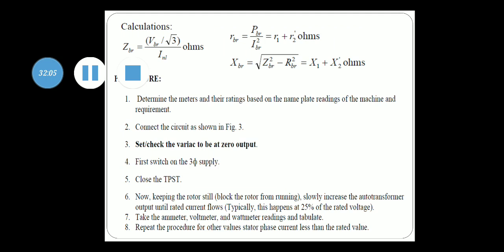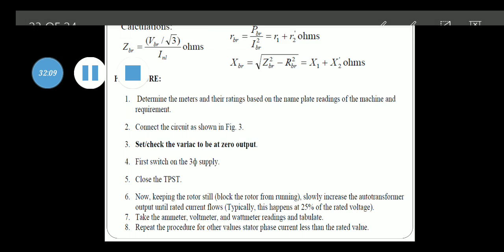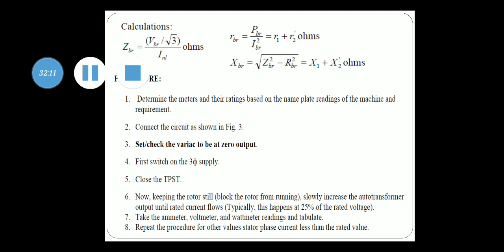Now these calculations you are supposed to make. ZBR is the blocked rotor impedance per phase, calculated as VBR divided by root 3, which converts the blocked rotor voltage into per phase, divided by IBR. Then the blocked rotor resistance, RBR, is PBR divided by IBR square.